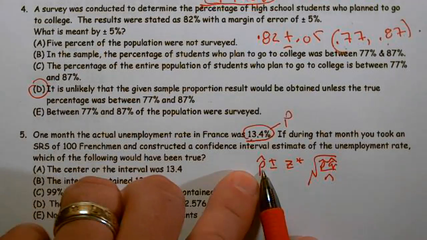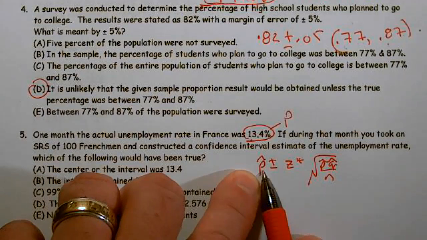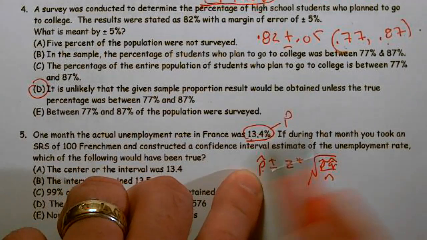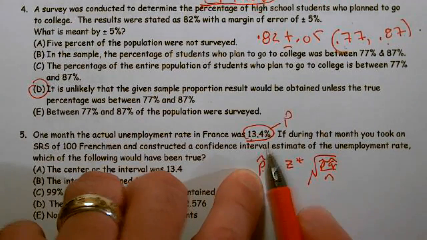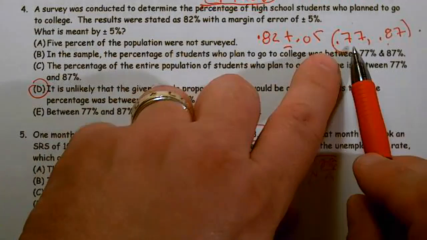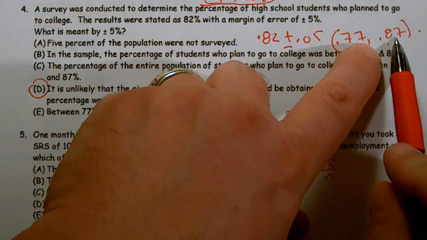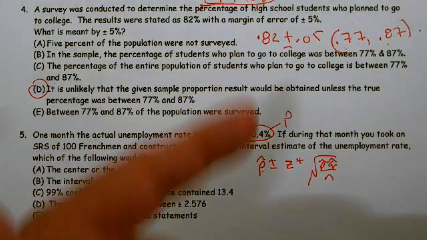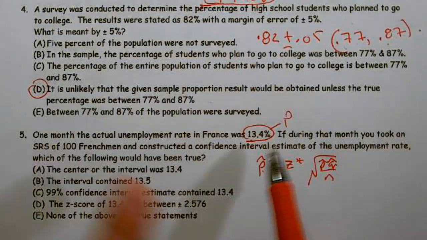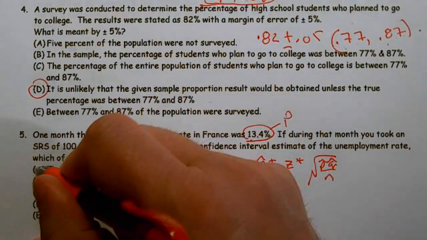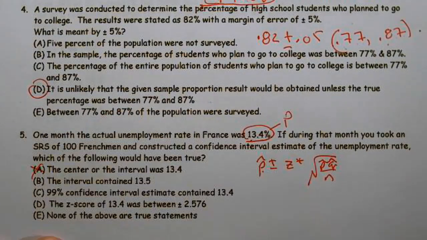We are assured the center will be p hat, the sample proportion, but it's possible there's a 5% chance that this won't even lie within there. And as we said up here, it could be as low as the lowest part or as high as the highest part. There's no reason we're going to say it's in the center. We're just going to say it's somewhere in there. There's a 5% chance that this isn't even correct at all. So it's definitely not necessarily the center.